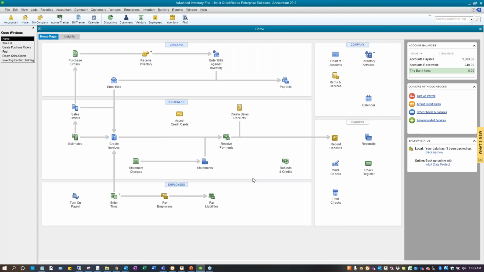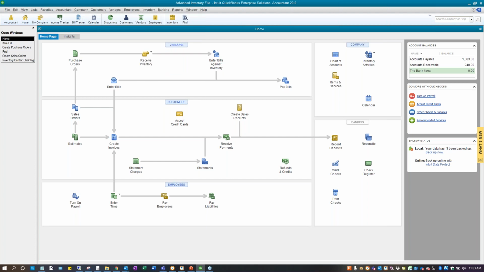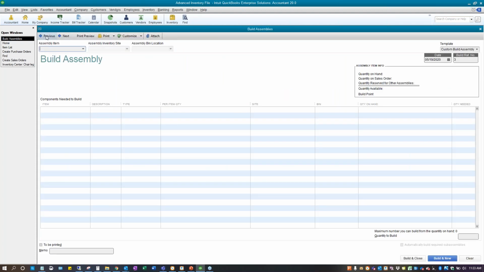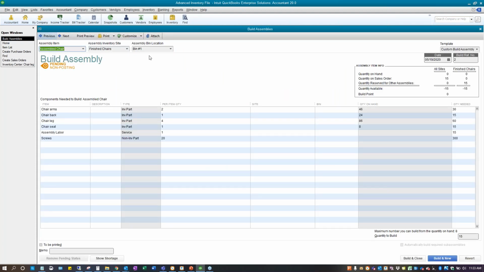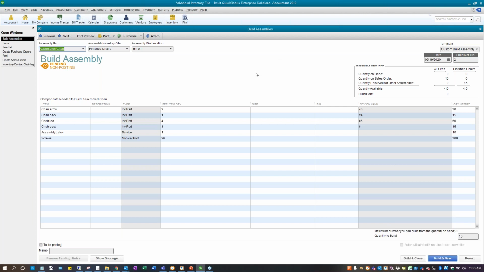Big thing too that I want to show is assemblies. If you have assemblies, you have to build them. So you have to come into here, you have to build your assembly. What I have here is that I'm trying to build those 15 chairs that Chair World ordered.